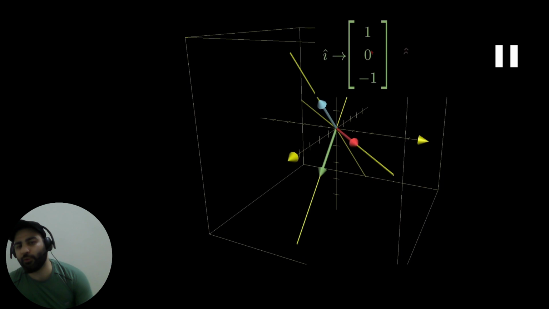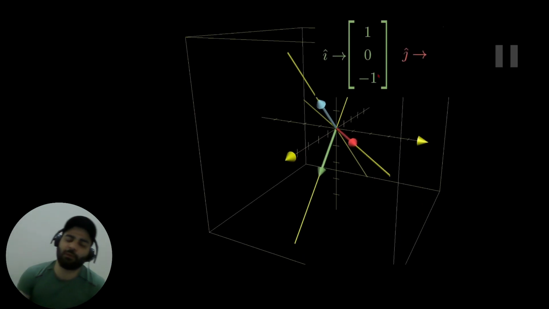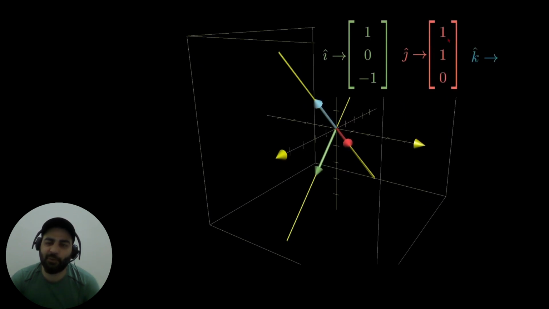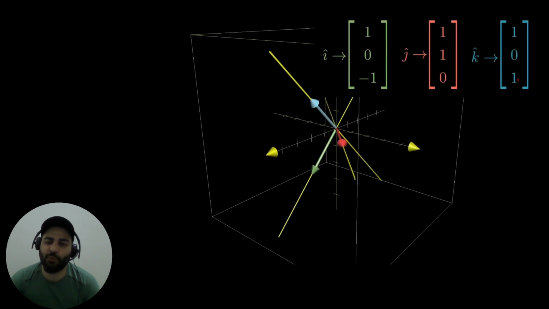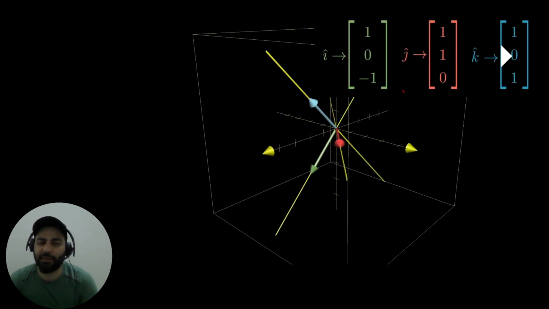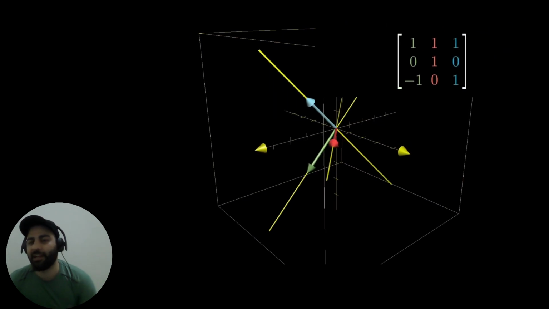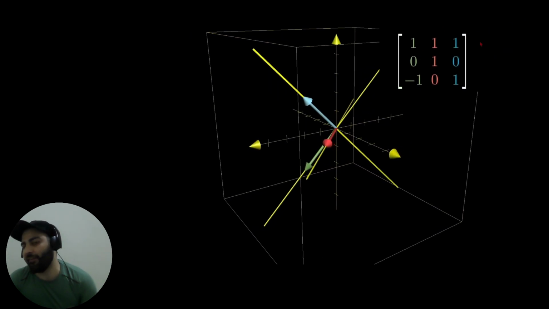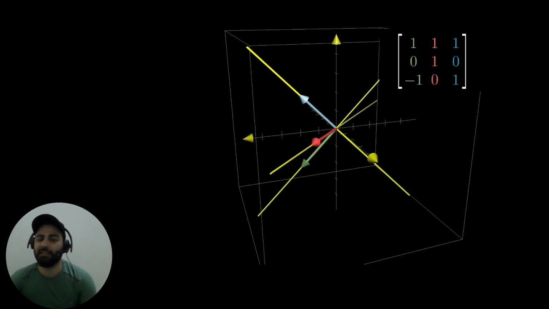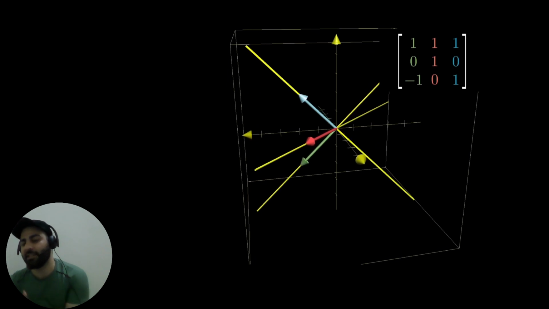I hat went to 1, 0, 1, 0, minus 1, because you know that we have to just keep track of where the basis vectors land. So here you can see this i hat landed at 0, 1, 0, minus 1, and j landed at 1, minus 1, 0, and k landed at 1, 0, 1. So if you have any vector x, y, z, by just clubbing these three things together in a matrix, you can have any random vector x, y, z and then multiply with this matrix, and you will get the linear combination, basically where that vector will land.